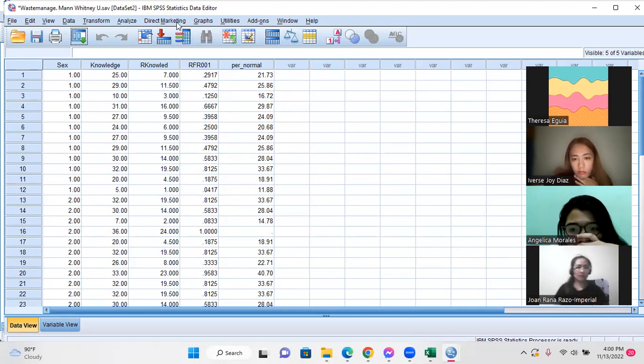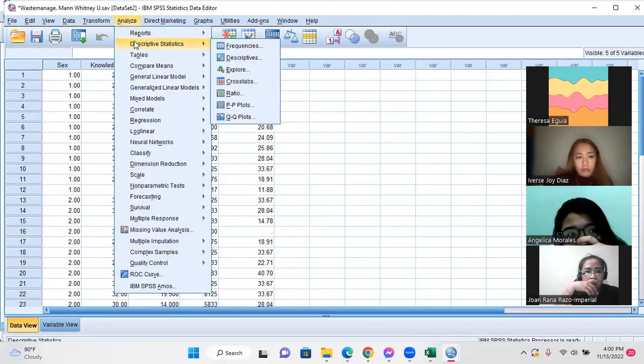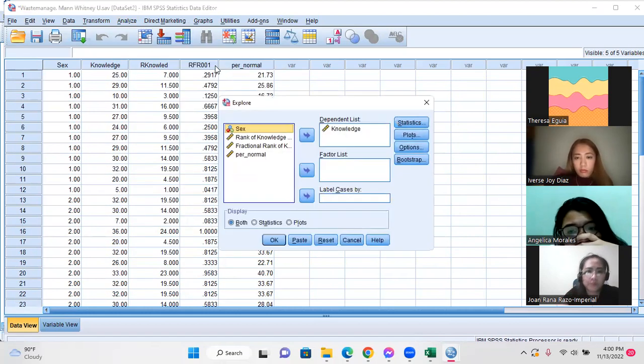So let's try to check if it is normal. So let's do it. Analyze, descriptive statistics, explore, reset. So ilagay natin tong bago nating values.